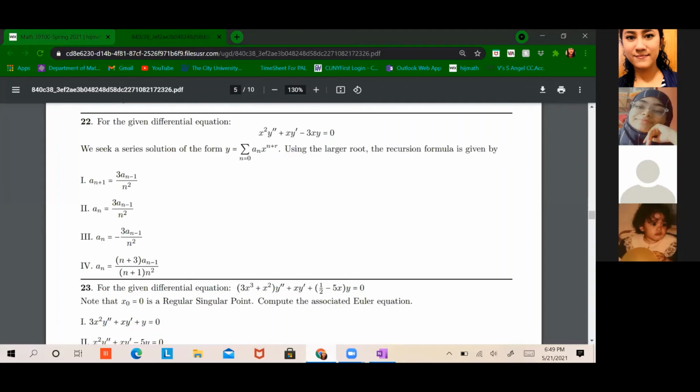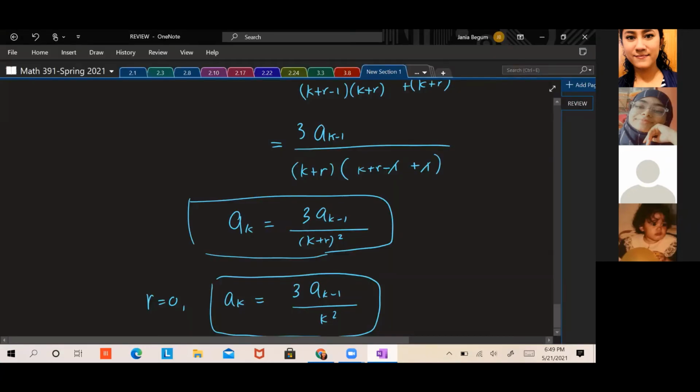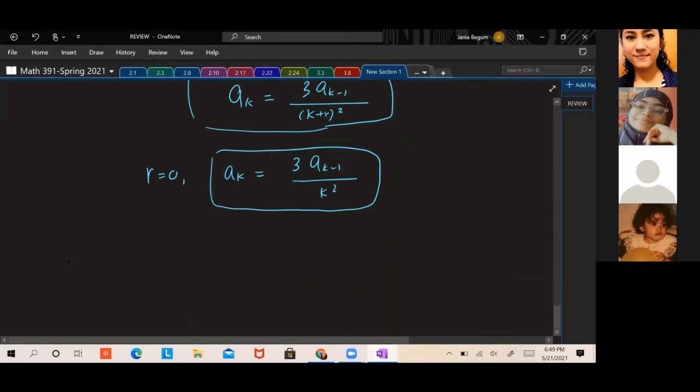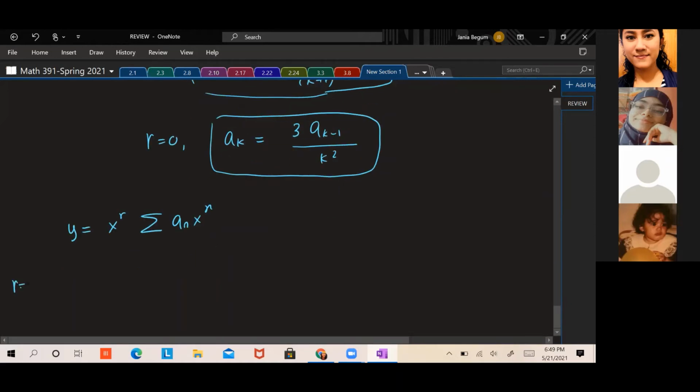Now let's write out some terms, right? So we know the solution is x to the r times the sum of a_n x to the n. Now I always like to pull out x to the r when I'm writing out some terms, but if you want to keep it inside, that's really up to you. So we're using r equals 0.